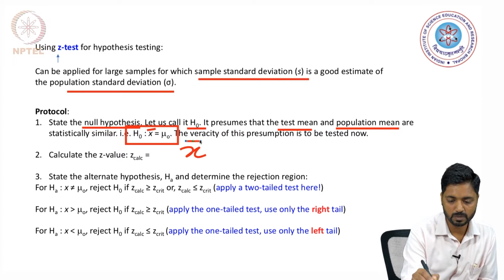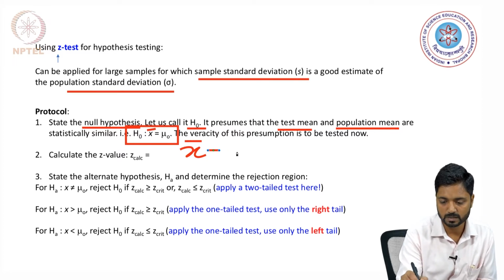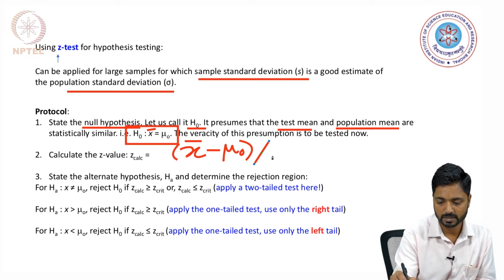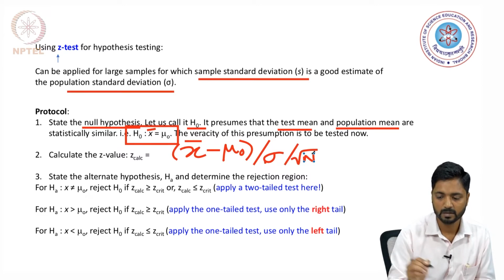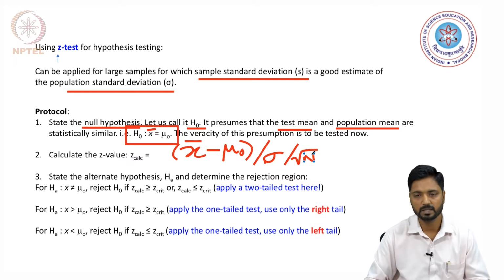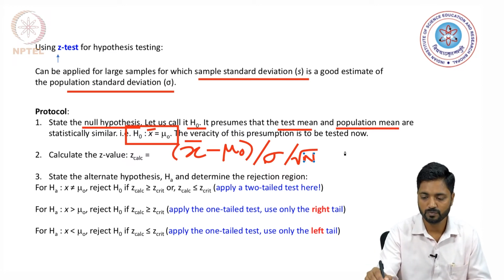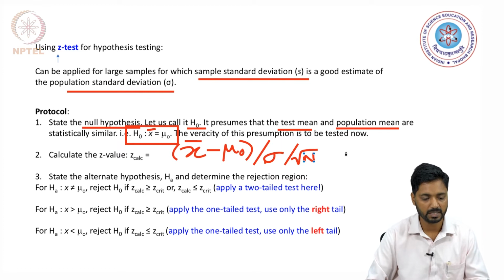So we do x bar minus mu naught and divide it by sigma by root n, where n is the number of readings in a data set.